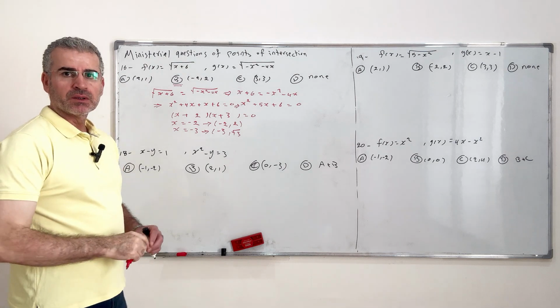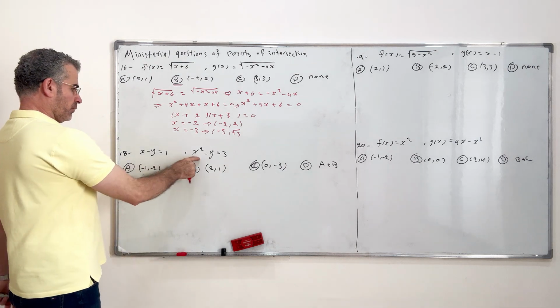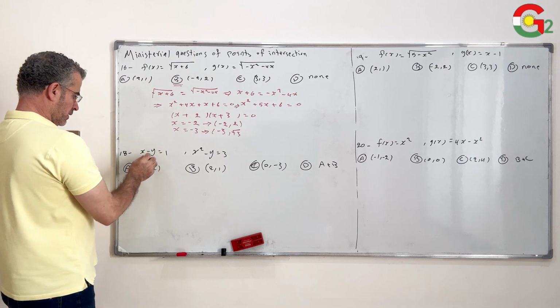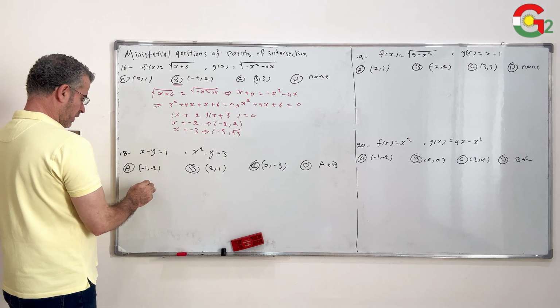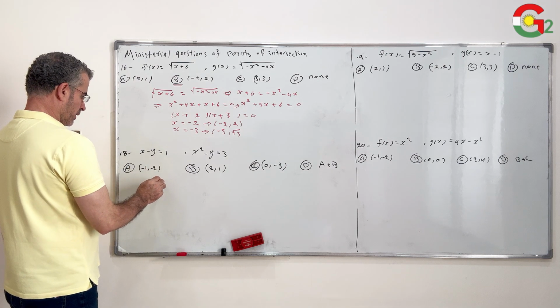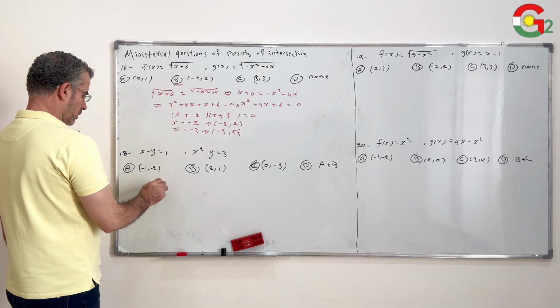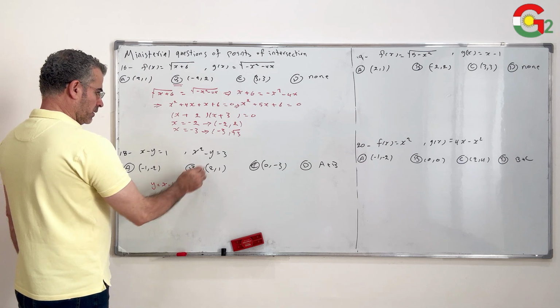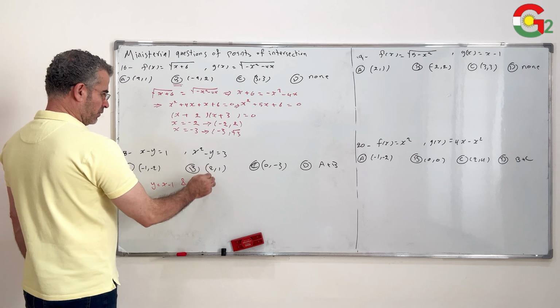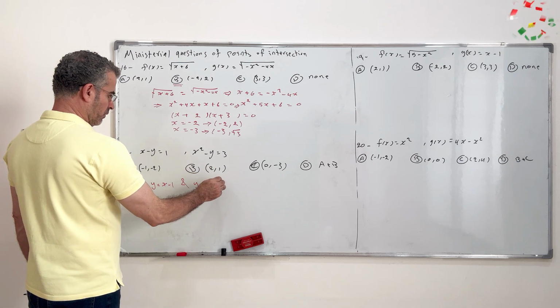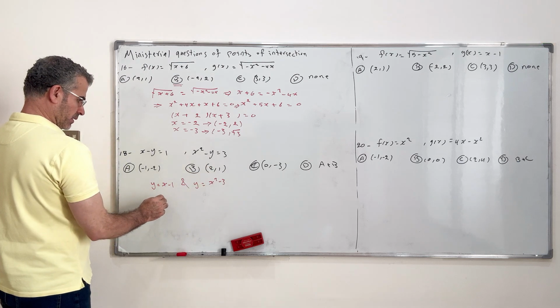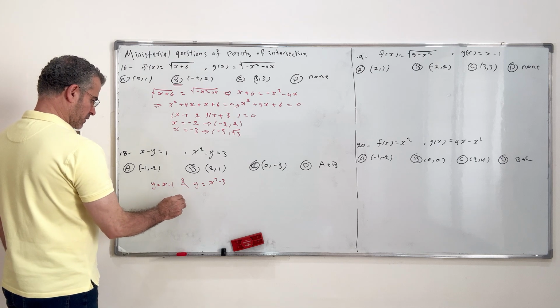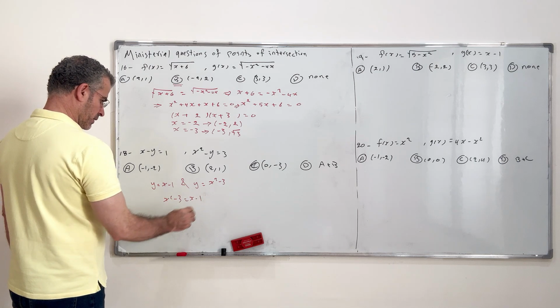Question number 18. Find the point of intersection of these two graphs. Write it in standard form. Then y will be equal to x minus 1, and y here will be equal to x power 2 minus 3. Set x power 2 minus 3 equal to x minus 1.